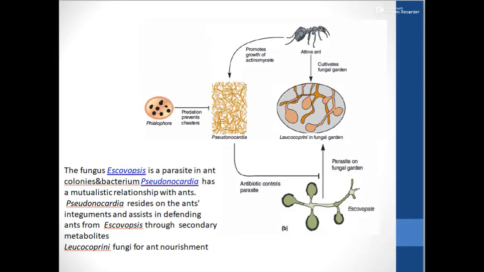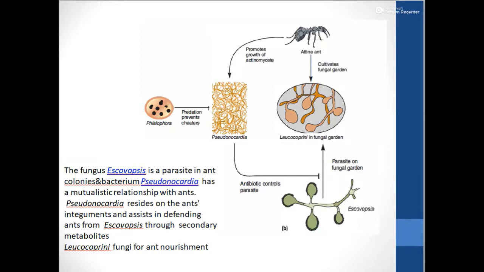The attine ant normally cultivates a fungal garden. Leucocoprinus is in its fungal garden, that is, on its surface itself, it will grow certain fungi. The purpose of growing this fungus is that the ant requires lots of nutrition, and the nutrition is provided by the Leucocoprinus present in its fungal garden.